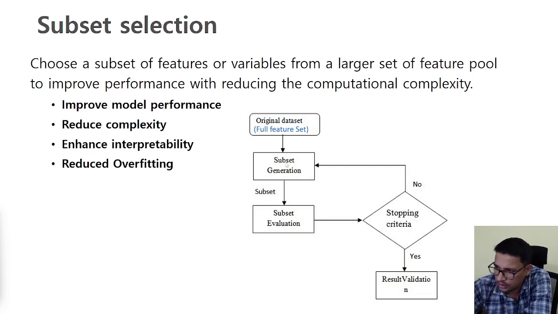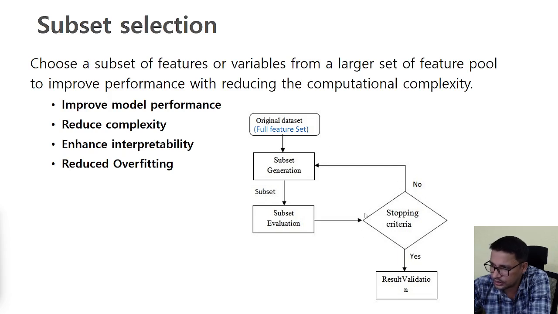So we only select some features at a time, and we try to train our model and evaluate the performance. And if the performance is acceptable, then we select these features as the best features.